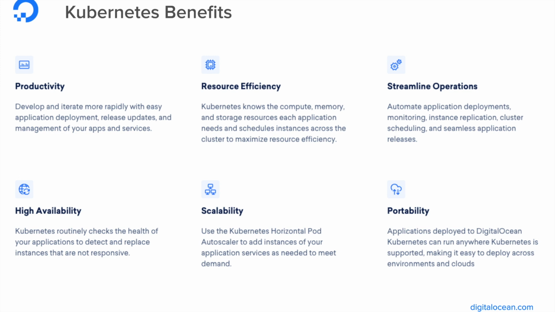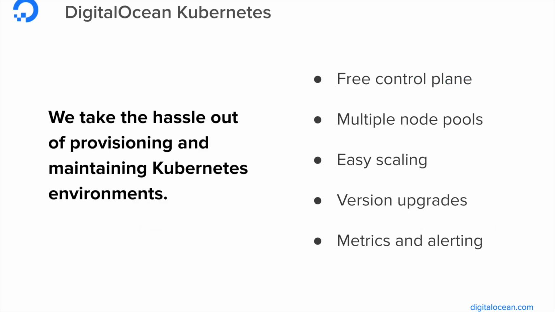So if one dies, Kubernetes can shift it off to another server. Also scalability. It's really easy to add more nodes to your cluster as you get more traffic to meet the needs of your users. And then portability. Like I said before, you can run Kubernetes locally on your laptop, you could run it in your own data center, or you can run it in the cloud. And we think that's a really great benefit.